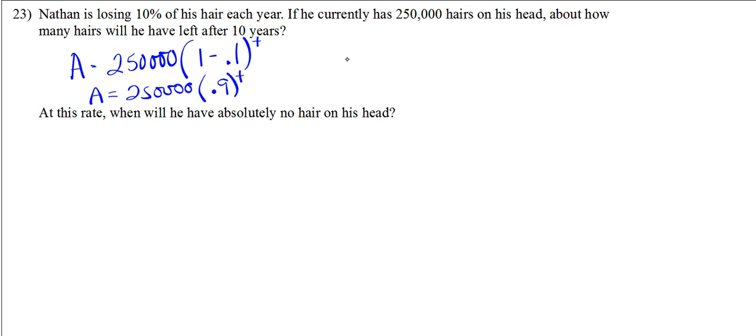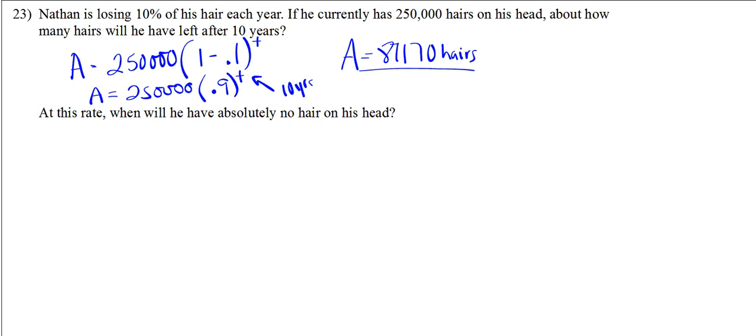Boom. A lot of hair gone. But if you were to put that in your calculator with the T as a 10, so this is 10 years, then at that point, we're going to have 87,170 hairs. Okay. 10 years from now.